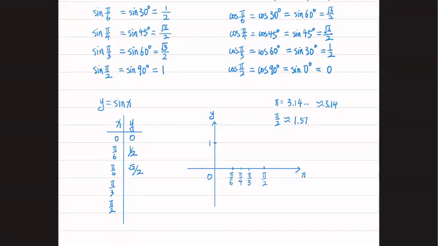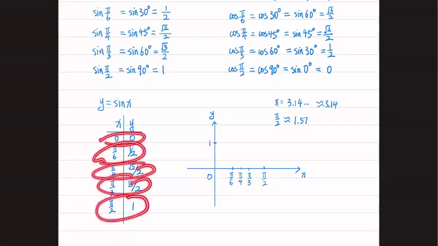Square root 3 over 2. I'm not sure if Peter got here. Peter? Okay, maybe not. So, Amy, back to sine pi over 2. 1.